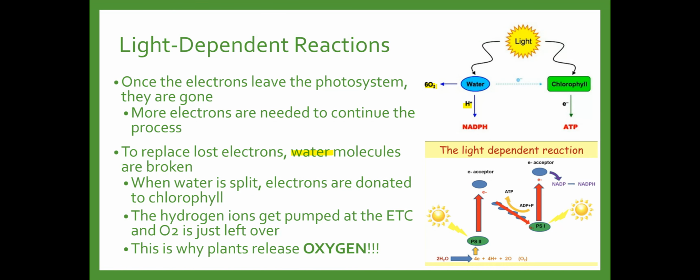So in order to keep this process going, in order to keep electrons getting excited and moving, water is broken. All right, so when water is broken, we do that for electrons, and then oxygen is just a byproduct. Okay, so this is why plants release oxygen. It's just left over after those water molecules are broken.